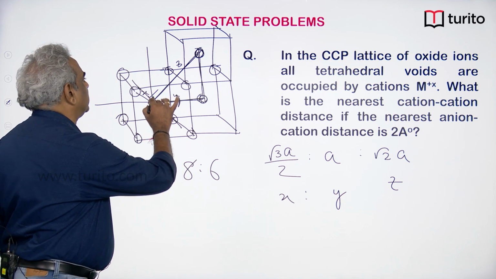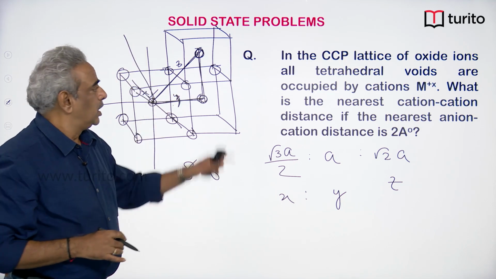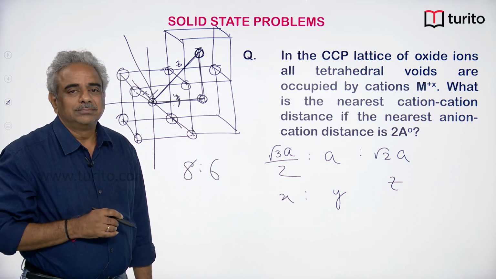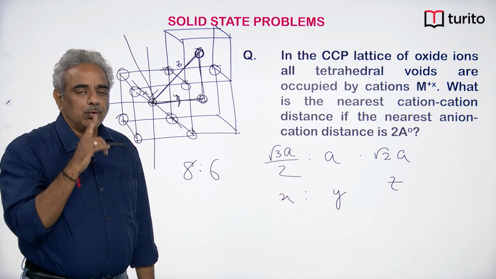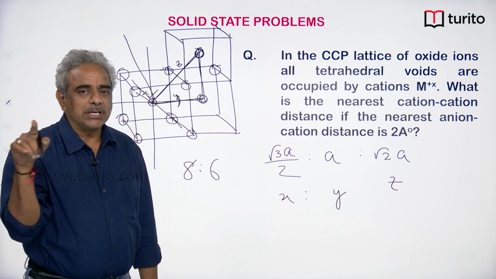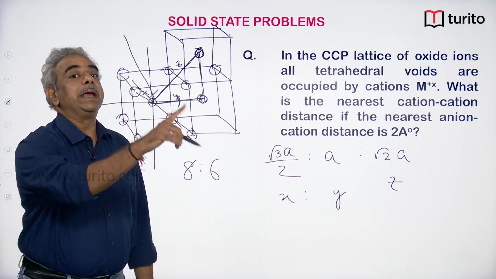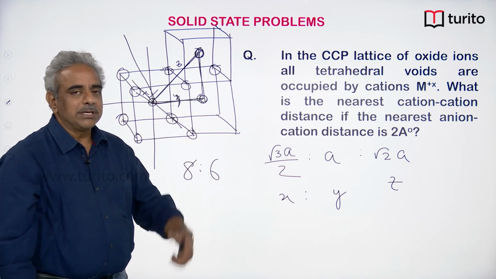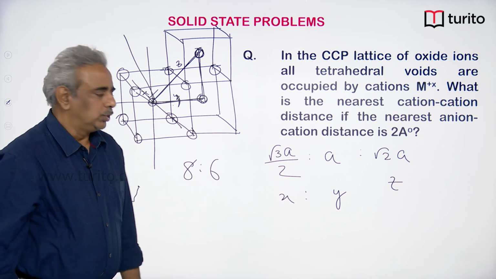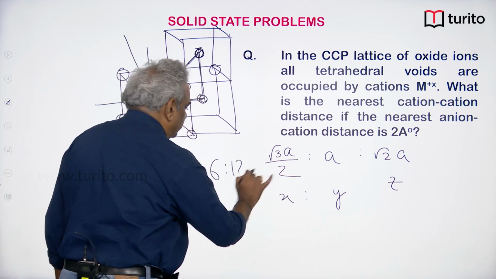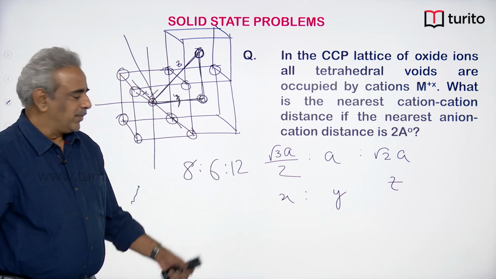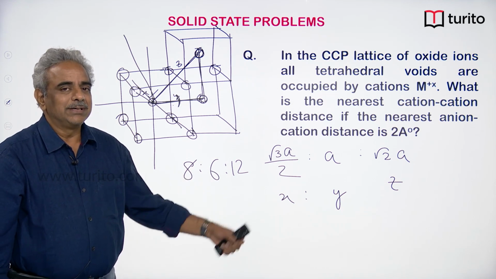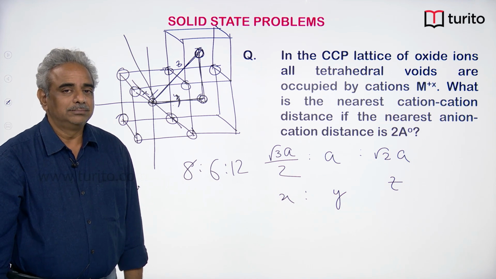If you travel like this across every edge, you will find such atom everywhere. Therefore, you will get 12 such atoms which you meet when you travel through 12 edges from this body center atom. So, the third nearest are 12. First coordination number is 8, second coordination number is 6, third coordination number is 12.